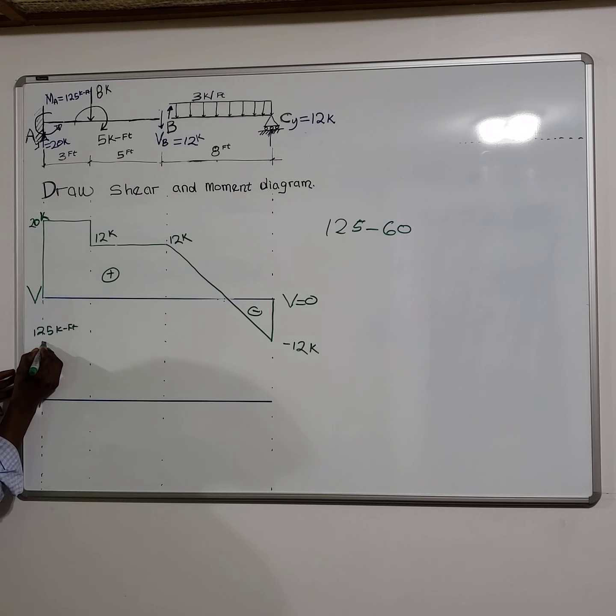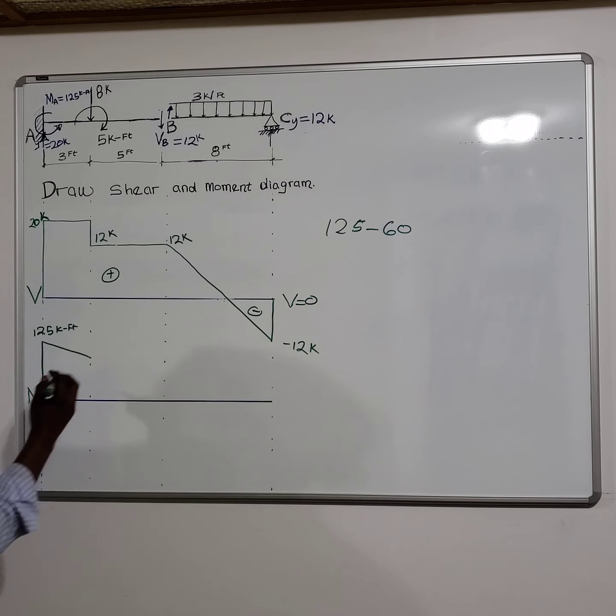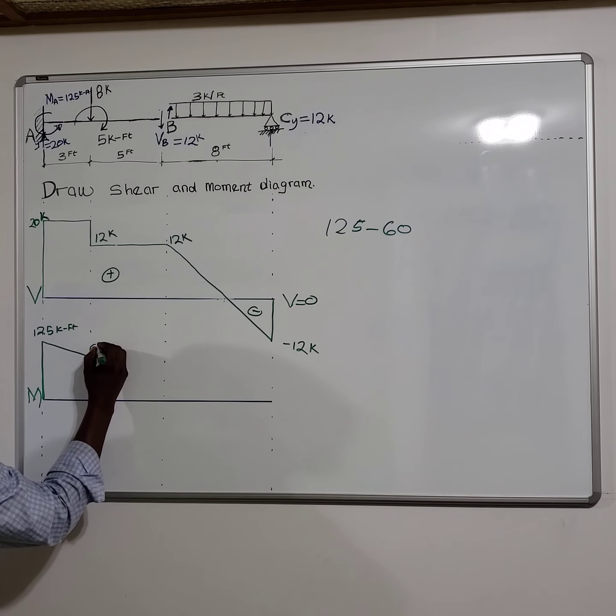So your 65 is going to be somewhere here. Don't forget, we are not doing this to scale, but use your judgment to scale it by eyeball. So this point here says 65 kip-foot.